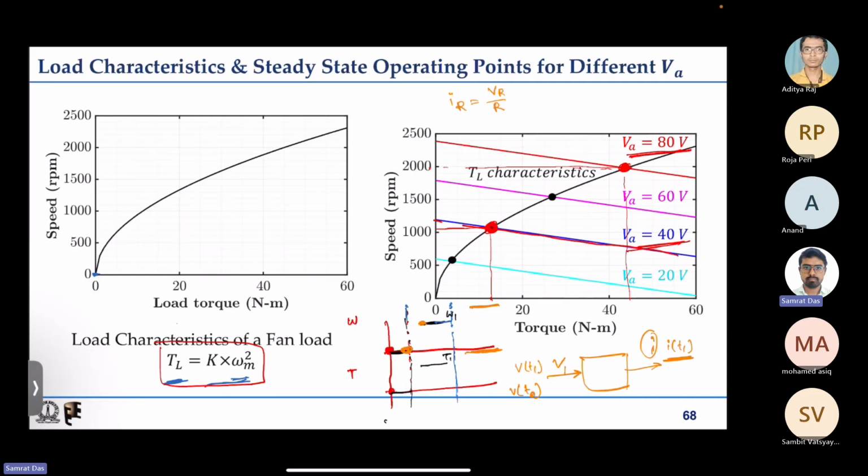But if you talk about inductance, what is the governing equation? VL equals L dIL/dt, right? So if we have to determine IL, then IL is nothing but 1 by L times the integral of VL dt.